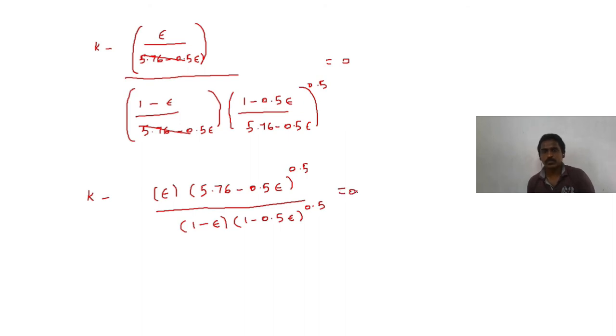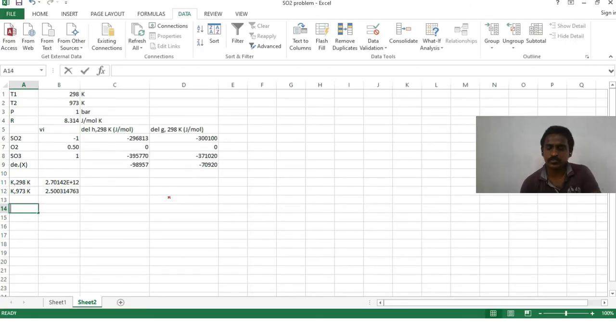Let me use Goal Seek to solve for epsilon at equilibrium. So let me assume a conversion of 0.9.